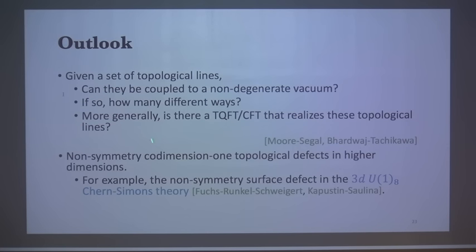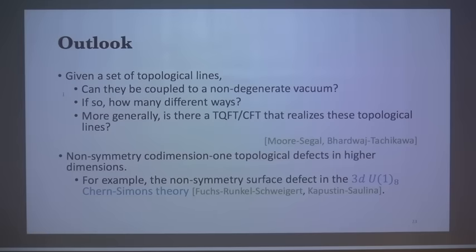And more generally, it's not even obvious to me that if I hand you a set of consistent topological lines, there always exists a topological quantum field theory or even a CFT that realizes these topological lines. The other interesting future direction is that there are also these non-symmetry codimension 1 topological defects in higher dimensions, higher than 2.